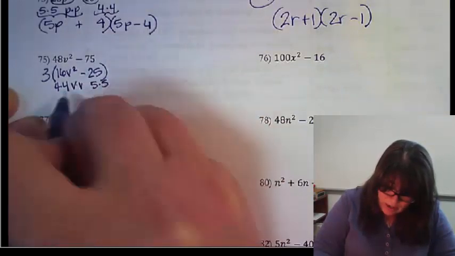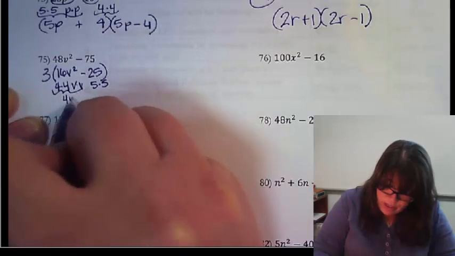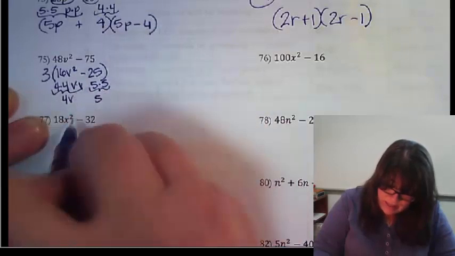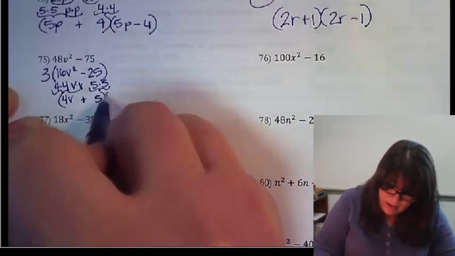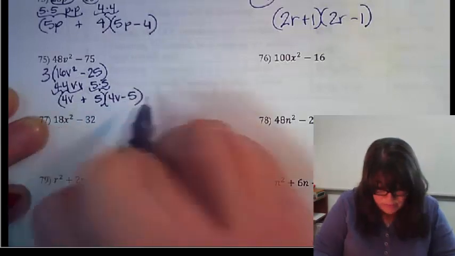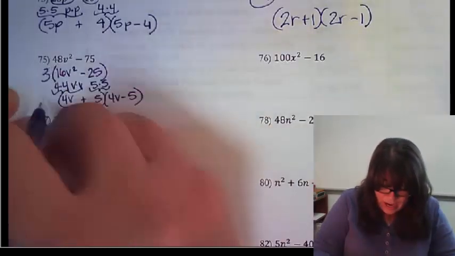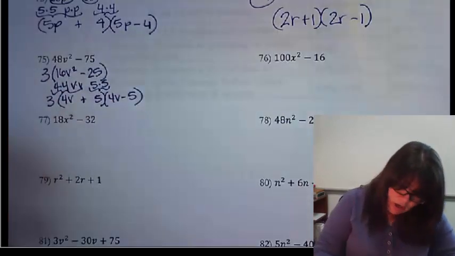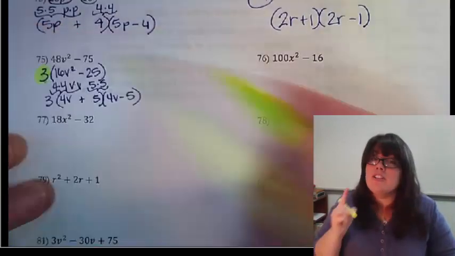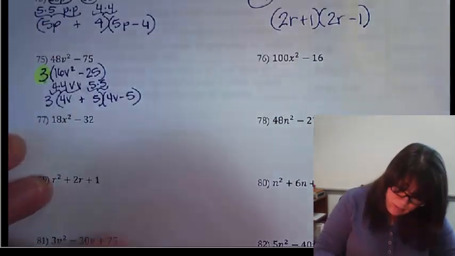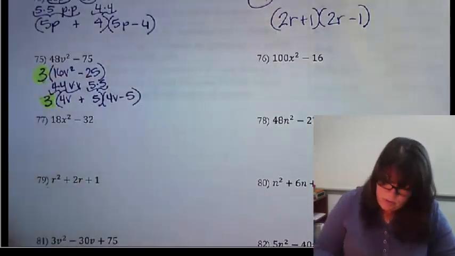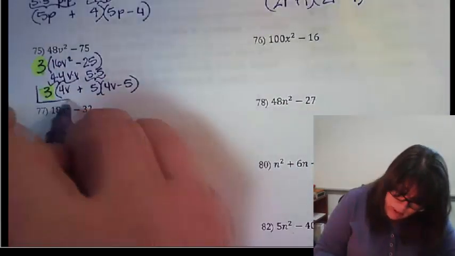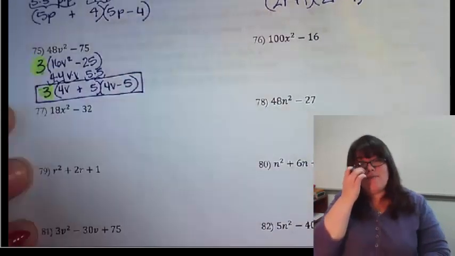So the root here is 4b. The root here is 5. And I just need the sum and the difference of those two roots. And don't forget to bring down your greatest common factor. You factored it out in the beginning. Don't forget to put it back in at the end. We're going to bring it down and put it into our final answer. So we've got our factor pair and our GCF, and we are good to go.